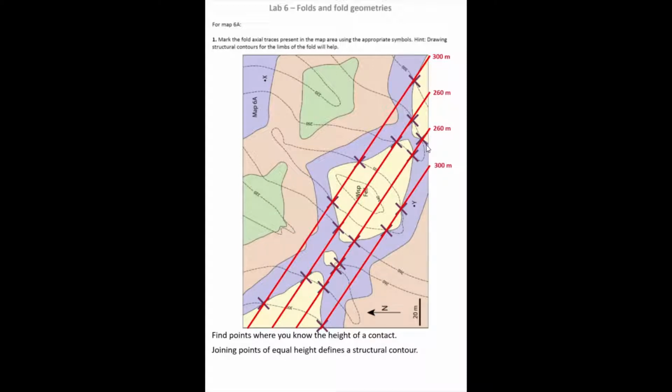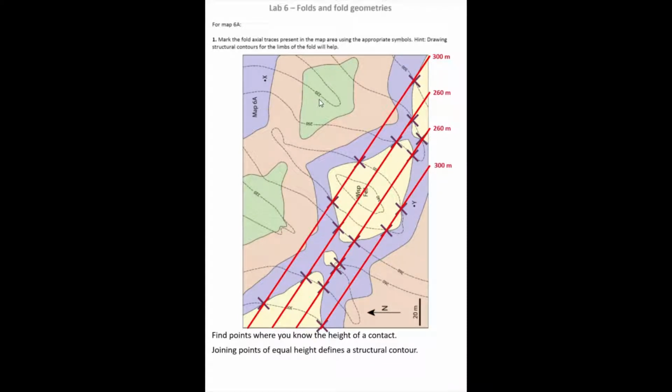Then what I can do is find another contact for another part of the fold. Why don't we have a look at one of these folds where we've gone from a repetition of brown to purple to yellow, back into purple, back into brown, green, and then back into brown, and then back into purple. So it looks like we've got another hinge zone or core of a fold in here.